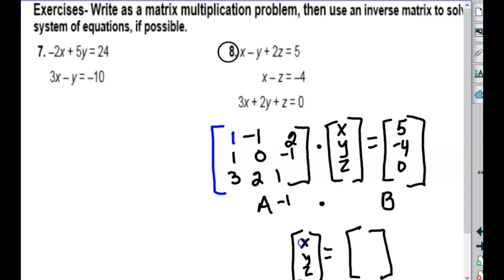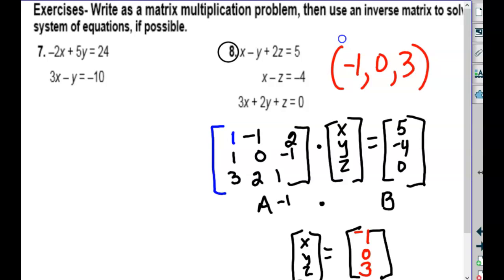Oh, I put both of them in A, so I rewrote A over the top. Tell me what you got. -1, 0, and 3. Are we agreeing? Okay. All right. So the answer to this is one solution at -1, 0, and 3.